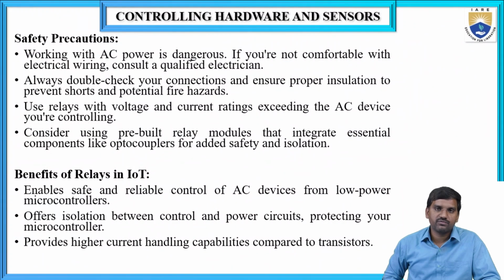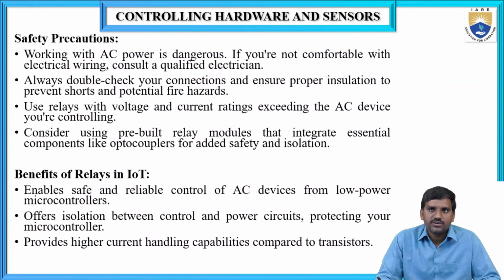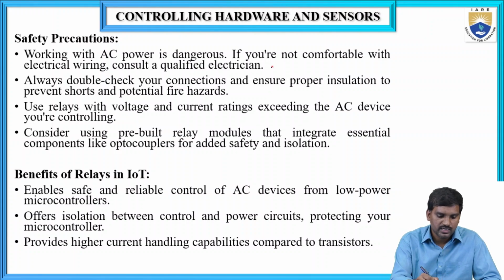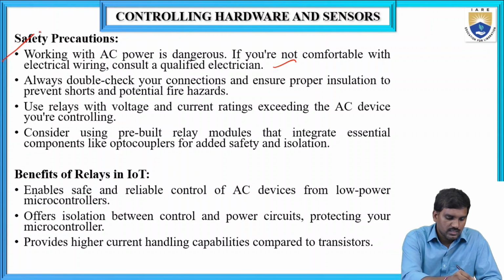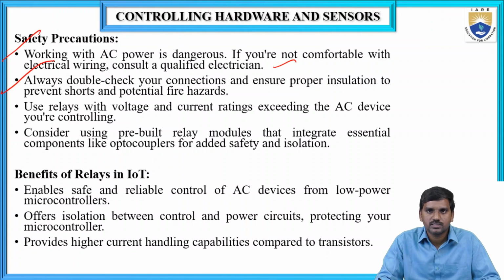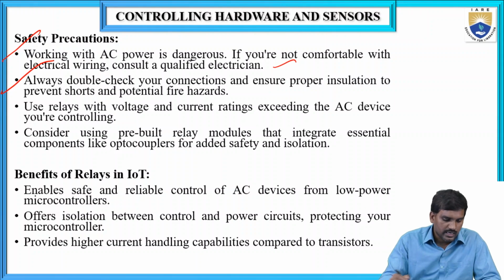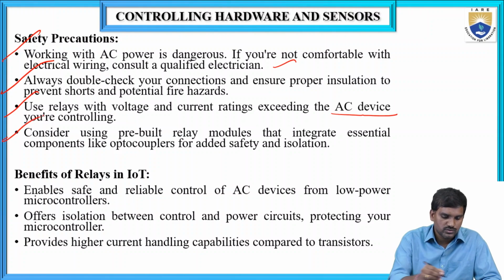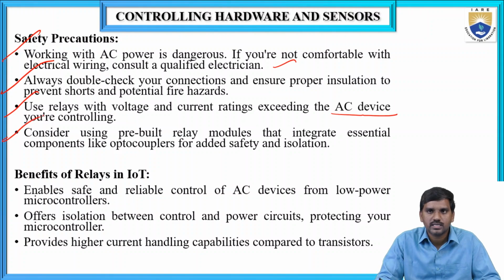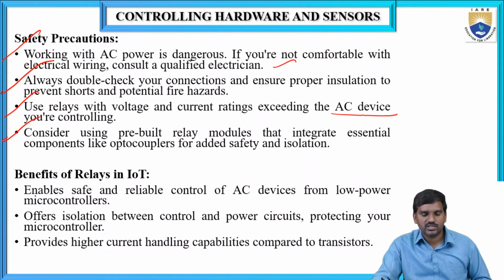Safety precautions. Working with AC power is dangerous. If you are not comfortable with electrical wiring, consult a qualified electrician. Always double check your connections, whether they fit properly or not, and use relays with voltage and current ratings exceeding the AC devices you are controlling. Consider using pre-built relay modules that integrate essential components like optocouplers for added safety isolation.